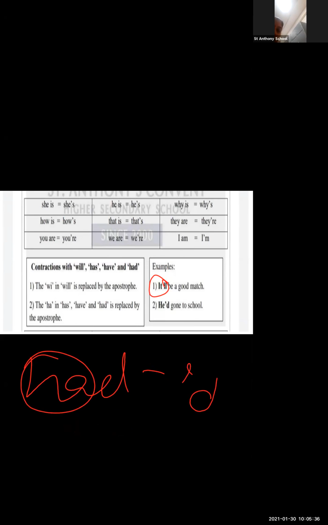Okay. If you have the had, what will you do? You will replace the word HA and you will have apostrophe D. Okay. Let's see the examples.